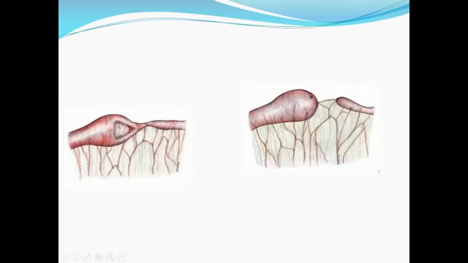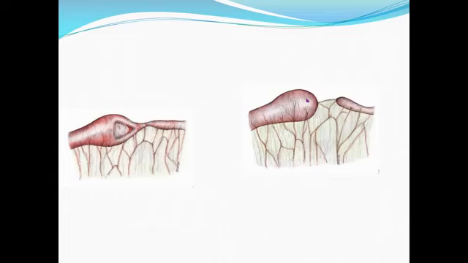After the operation, anastomotic leakage should be prevented by anastomosing the two segments well and very carefully, using a very small special suture.